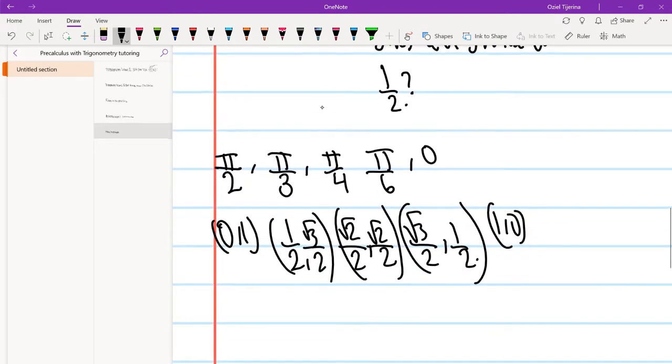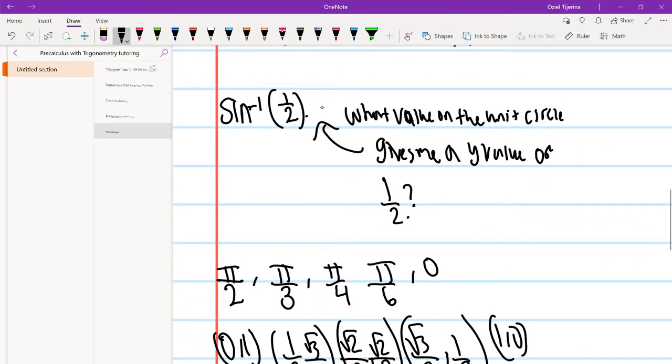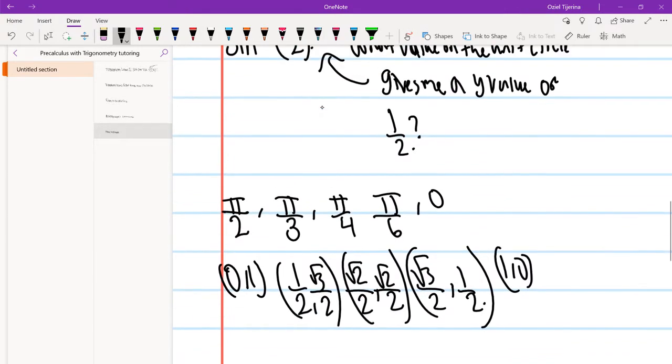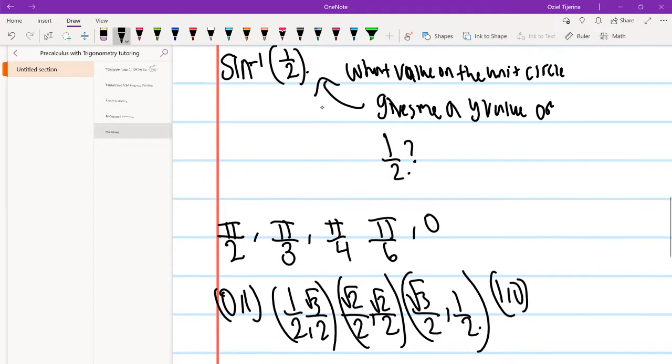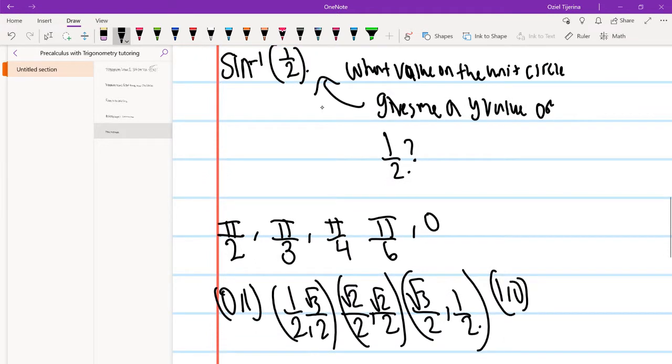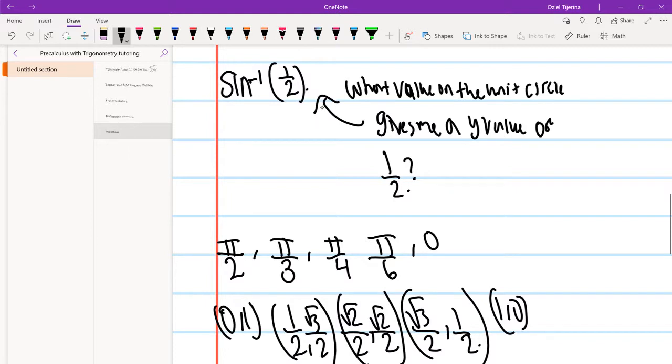So if you want to look at what sine inverse of 1/2 is, whenever they ask you for a sine inverse, it's basically going to have a y value of one of the unit circle values inside the parentheses.